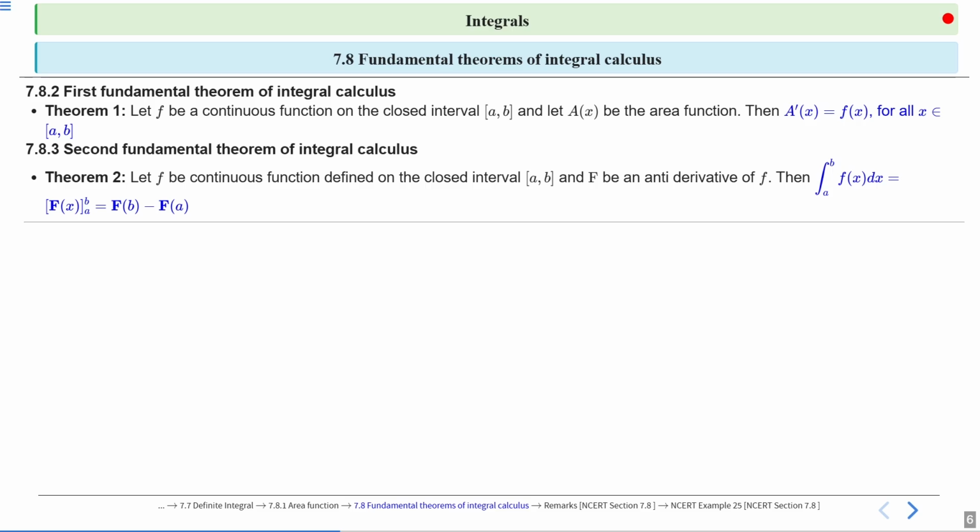So just calculate F(b) minus F(a), and we have the value of the definite integral. It suggests that F(b) is a numerical value, a function value at a particular point. So a definite integral is a numerical value, not a function. In the case of an indefinite integral, that value is a function. That is a major difference from the indefinite integral.